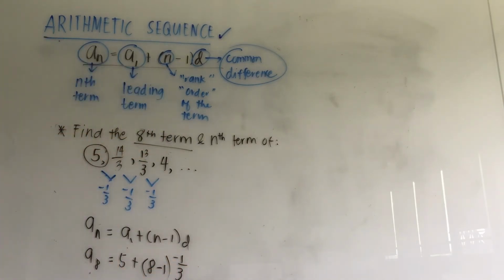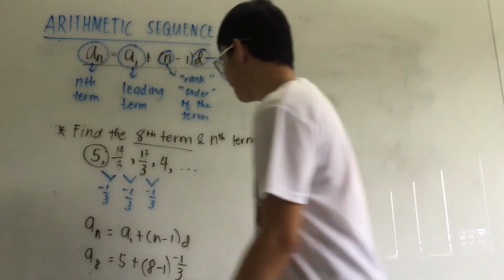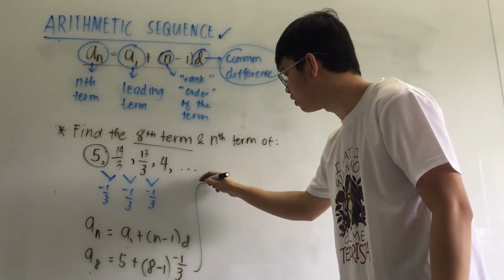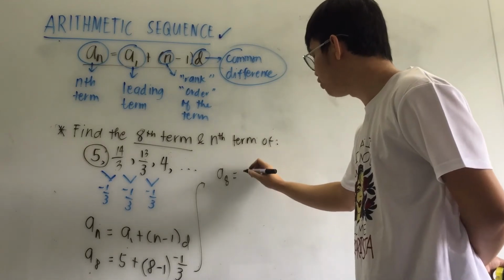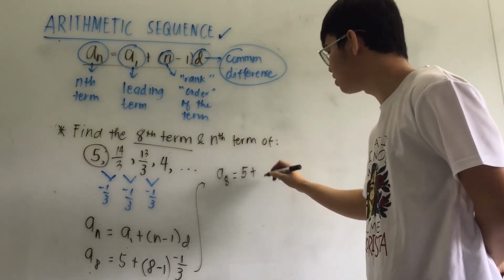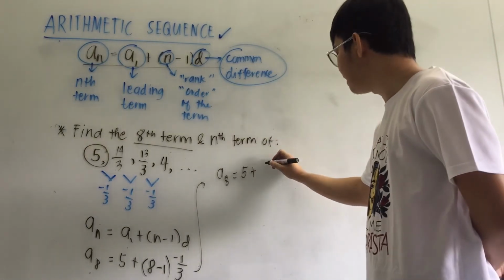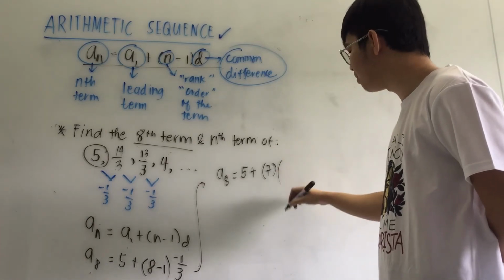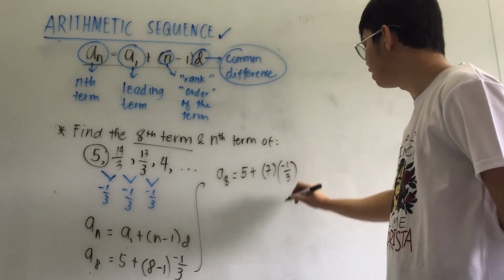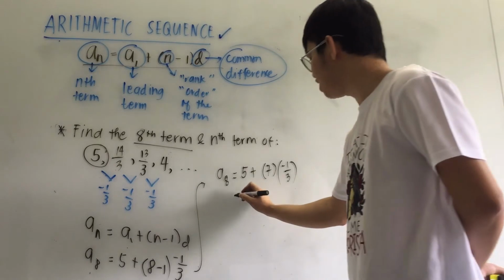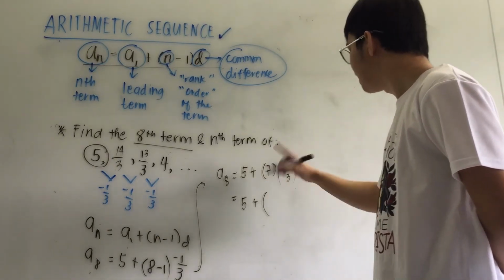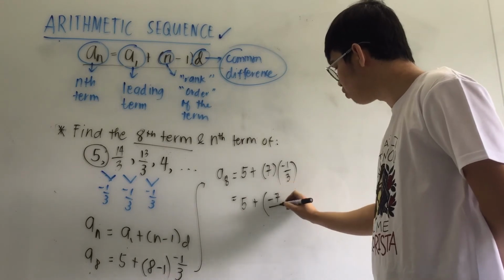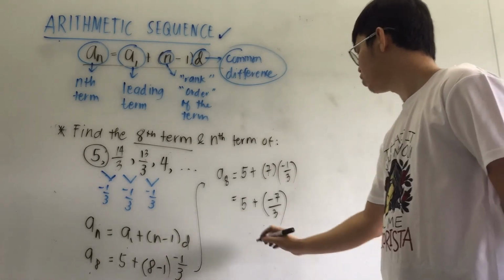Okay, so try to investigate on that, and then we have what? We have a sub 8 is equal to 5 plus what? 7 times negative 1/3.